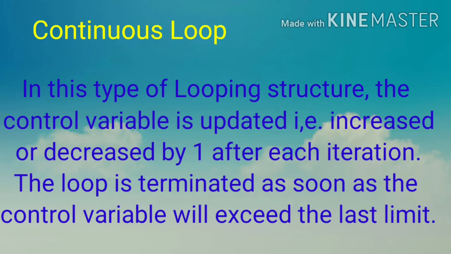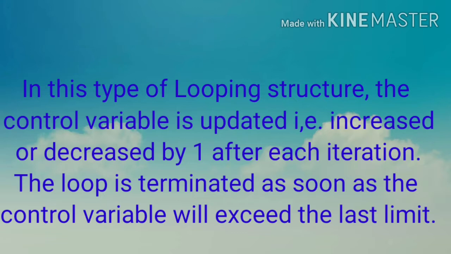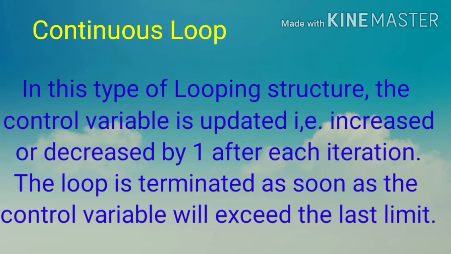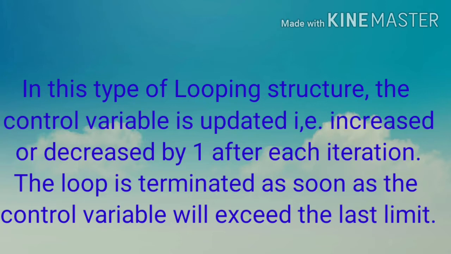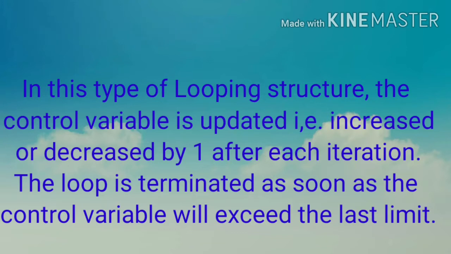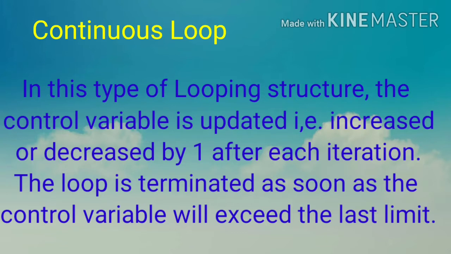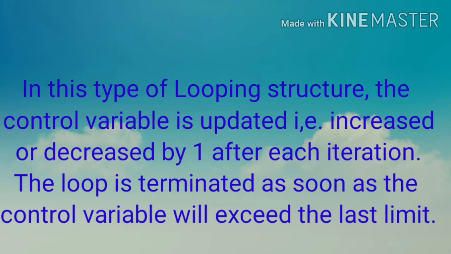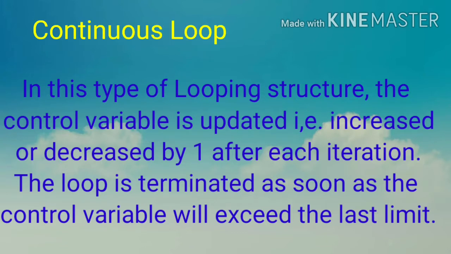Like if you give a for loop, int i, i less than or equal to 10 and i plus plus, the increment is done by 1 and the limit is up till 10. So 10 times the loop will continue and each time the i is going to increase by 1.